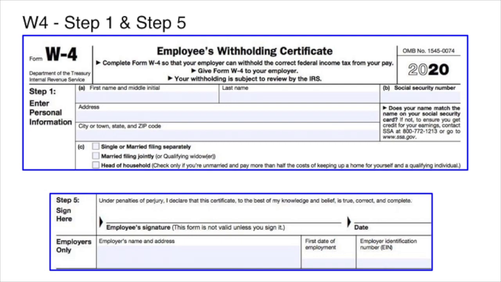In step 1, the employee will fill in the first name, last name, address, and social security number, and in step 1 part C, he or she will indicate the filing status, which is single or married filing separately, married filing jointly, or head of household. And then in step 5, the employee's signature and date are required, and the bottom part is filled in by the employer.